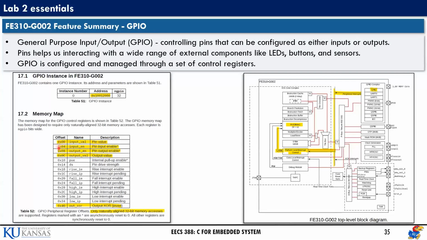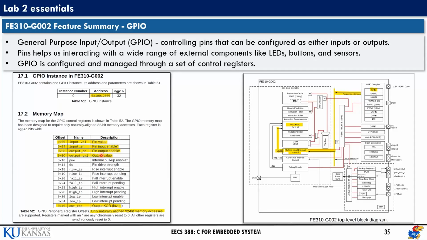For example, if we add 0x04 to this base address, we can control the input pin using this address. We also have the pin output enable, and we have the address of the output value.